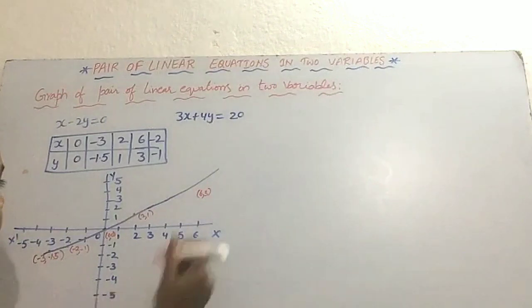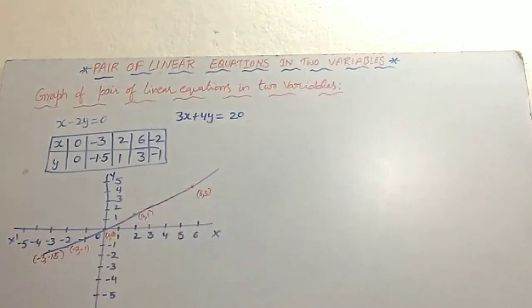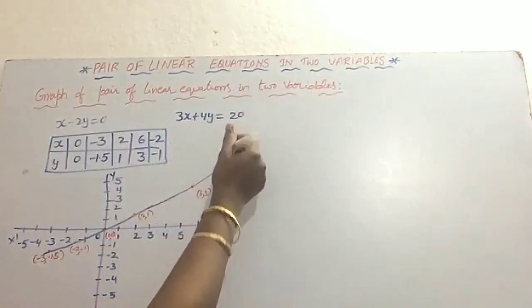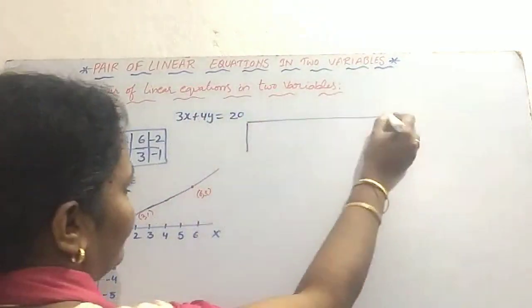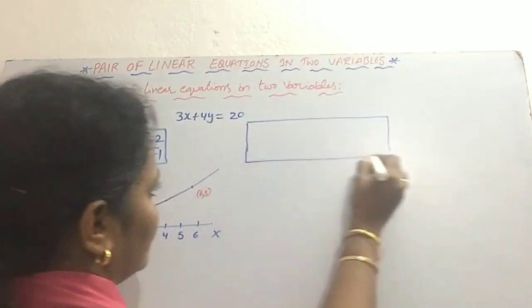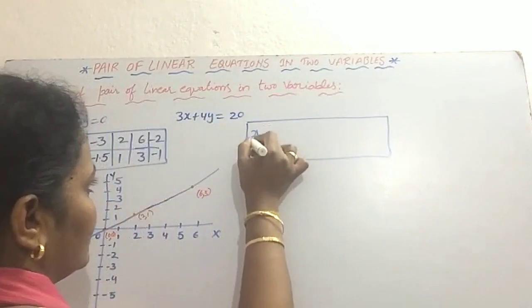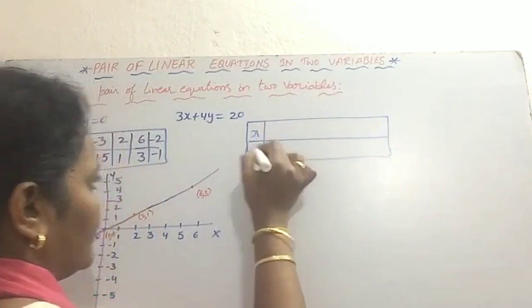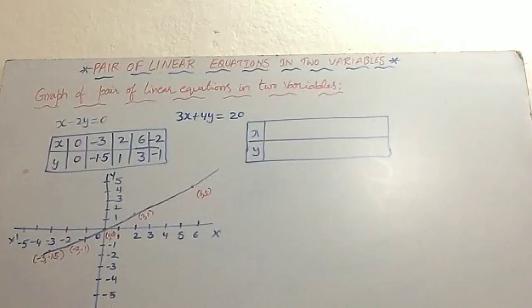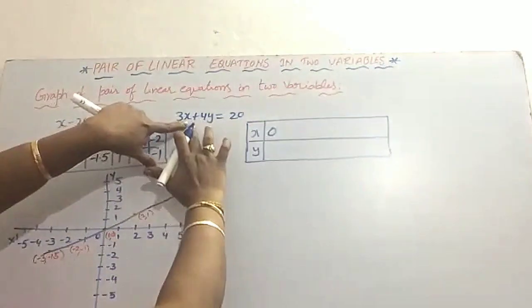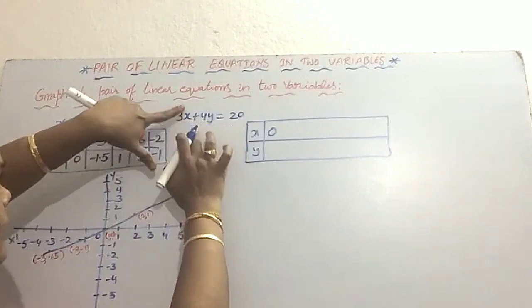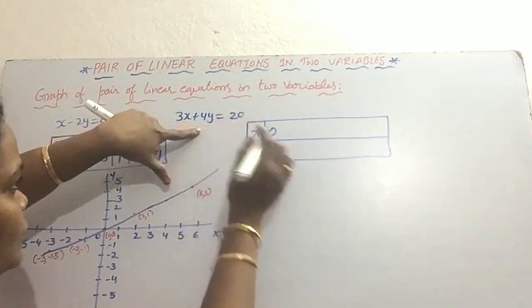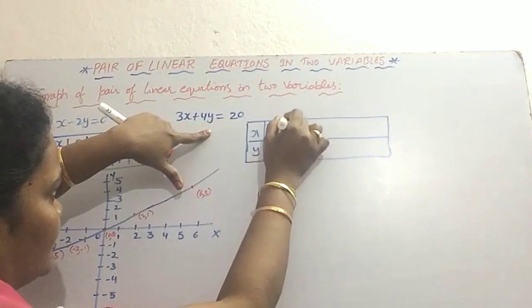So this is 6, 3. And next, again, for the other linear equation, I will take the values of x and y. Take x is equal to 0. Then what is the value of y? 4y is equal to 20 and y is equal to 5.